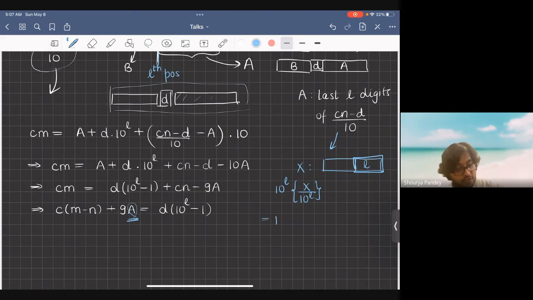But this is just 10 to the L times the number itself minus its floor, which is equal to x minus 10 to the L times floor of x over 10 to the L, right?